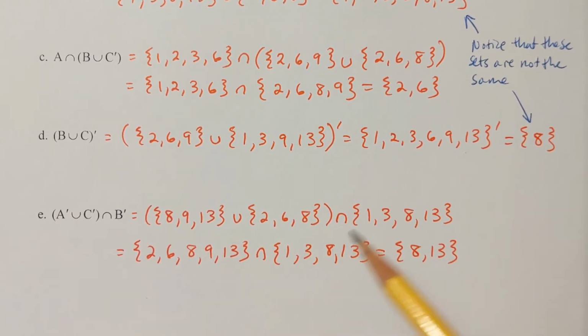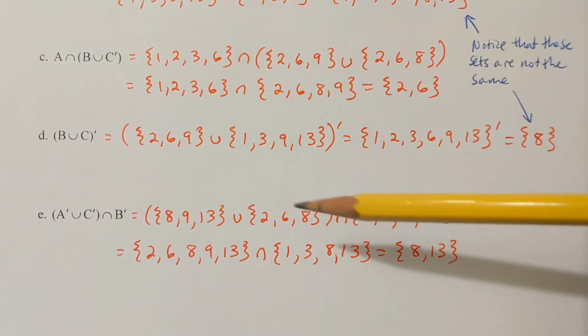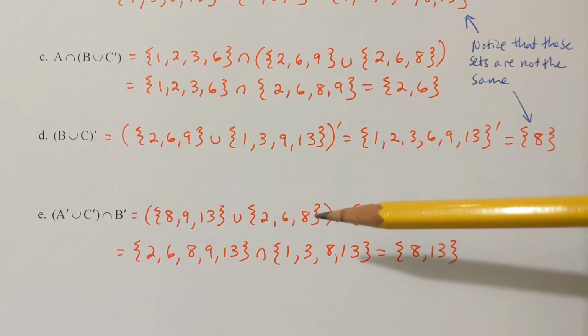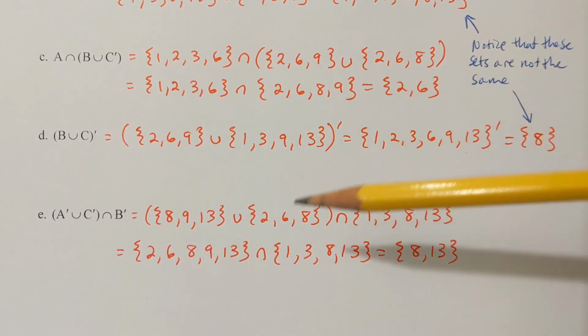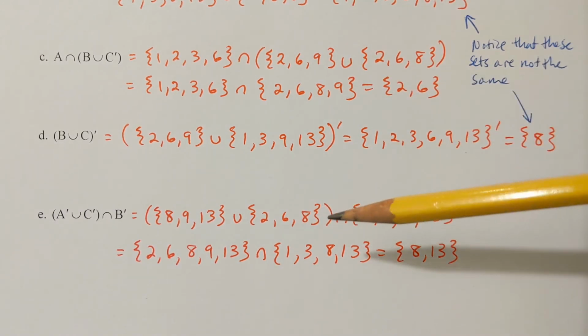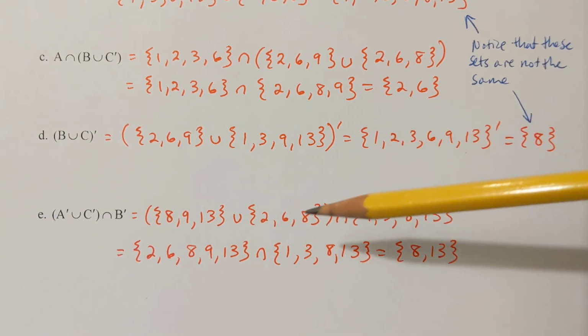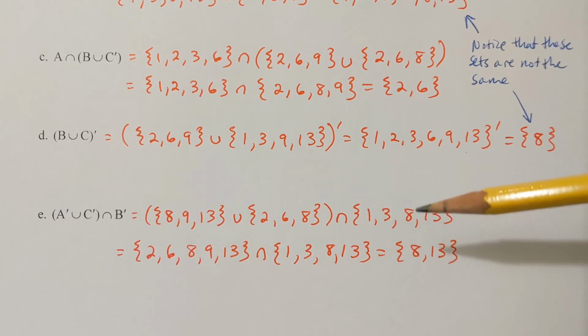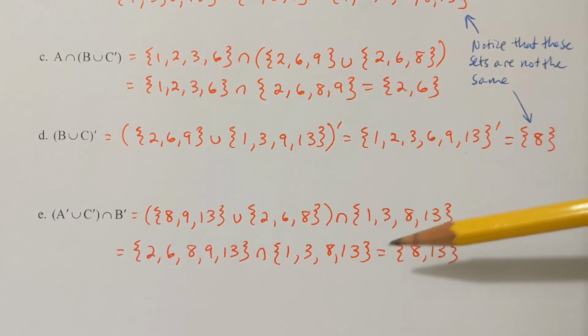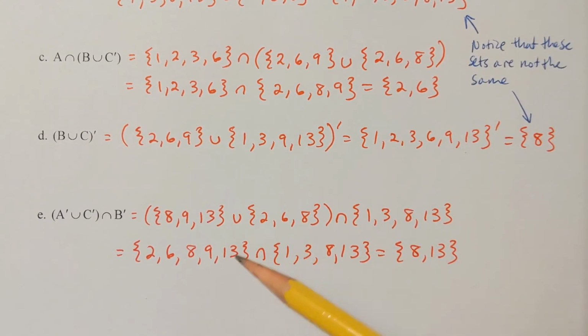Now let me handle these operations. Again, do what's inside the parentheses first. I'd be doing this left to right anyway, so I'm going to union these two sets first and then intersect them second. When I union these two sets inside the parentheses, union means you're going to join together as one.